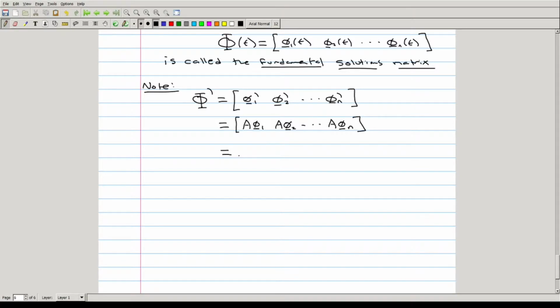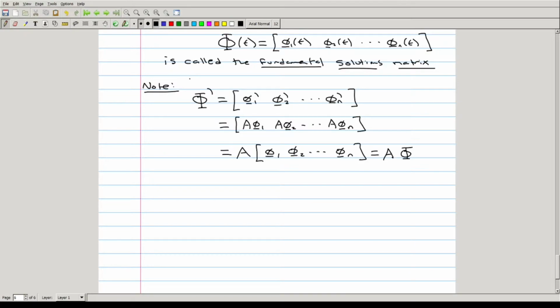Which is the same thing as matrix A times the matrix phi1, phi2, phi(n), or just A times Phi.